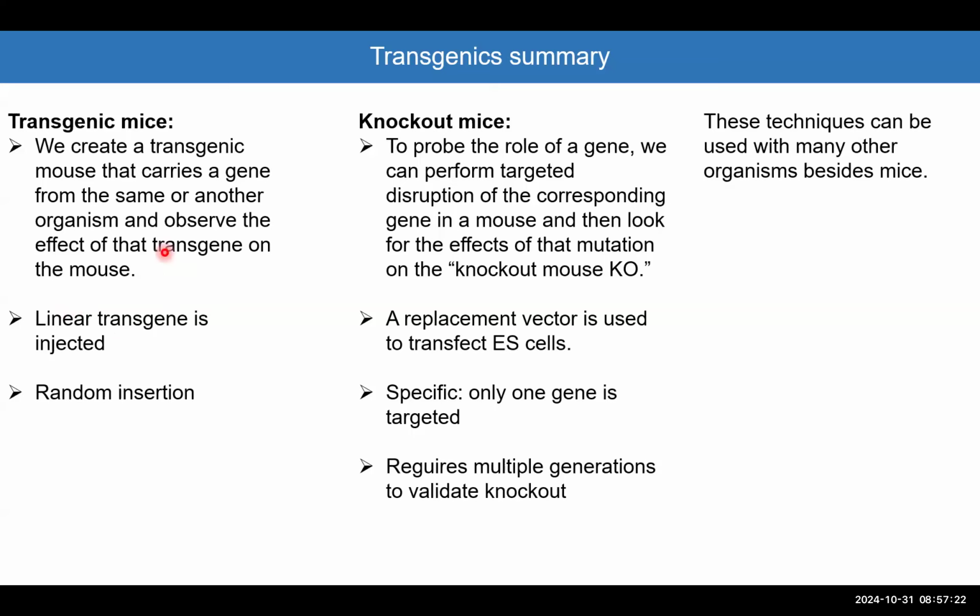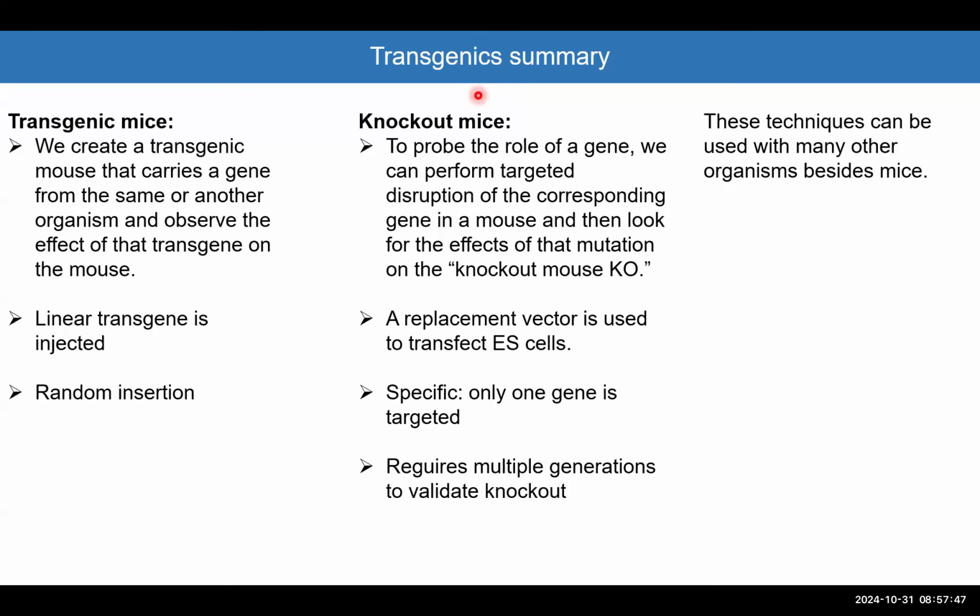We inject the DNA in a linear fashion, and the insertion of that DNA into the genome is random. While in the knockouts, it's more specific to a certain gene. It's really corresponding to one gene that is specific. It's probably one exon or two exons of that gene that will be deleted.